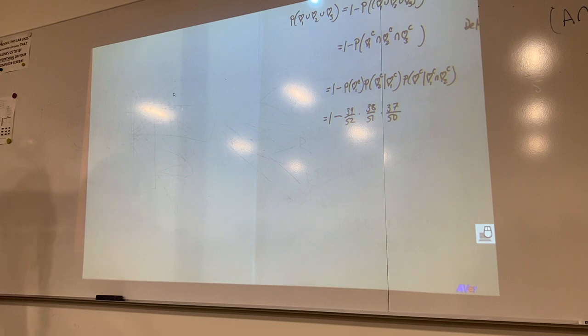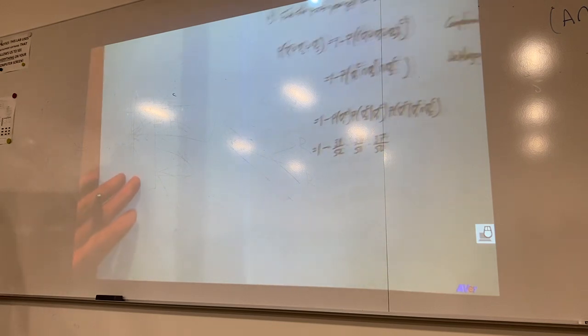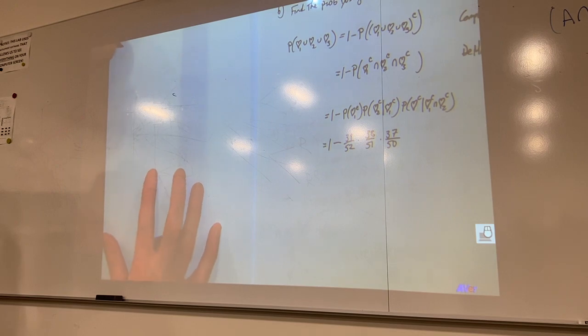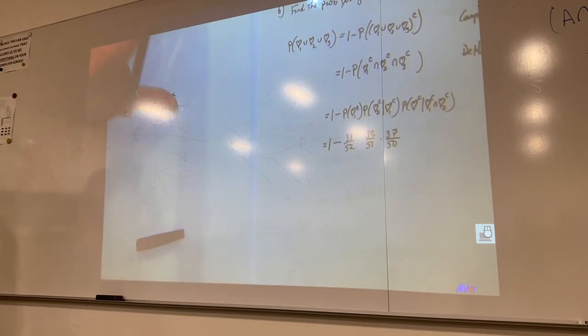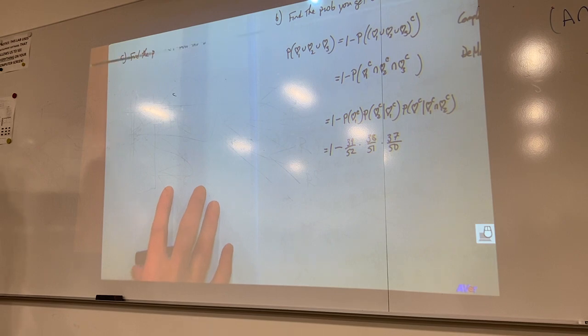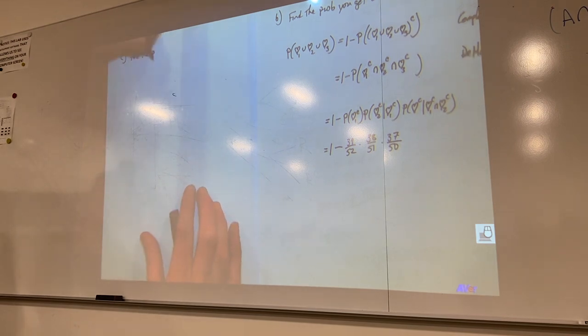Let me write a little bit of that down. This problem is cute and I like it. Find the probability exactly one of the three is a heart.